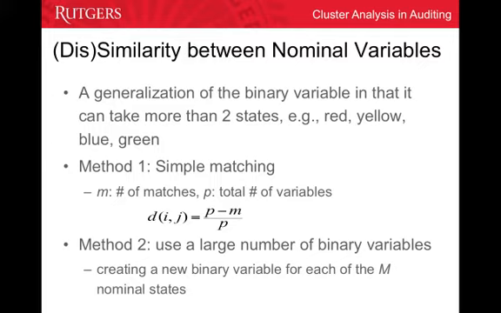We create a binary variable for each value of the nominal variable, forming a vector for each nominal variable. Red could be 1 or 0, yellow is 1 or 0, blue is 1 or 0, green is 1 or 0.